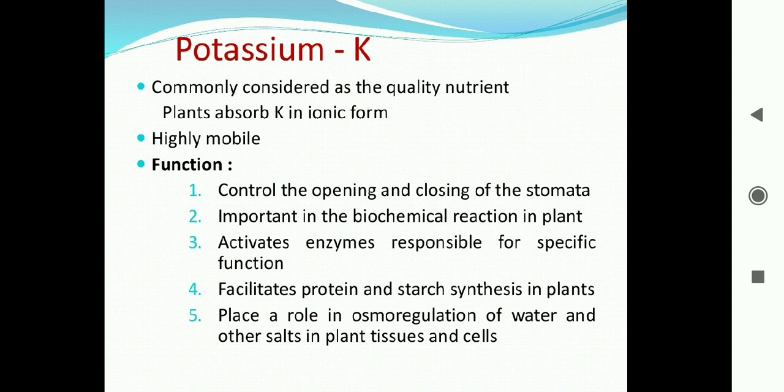That's why it is involved in the regulation of stomata. It is important in biochemical reactions in the plant, activates many enzymes responsible for specific functions, facilitates protein and starch synthesis, and plays a role in osmoregulation of water and other salts in plant tissue and cells. Important processes in the plant are regulated by various enzymes, and these enzymes need to be activated. For this purpose potassium plays a very important role.